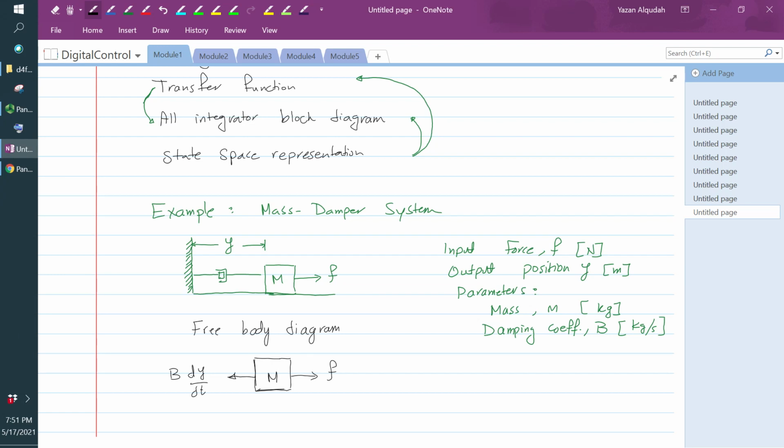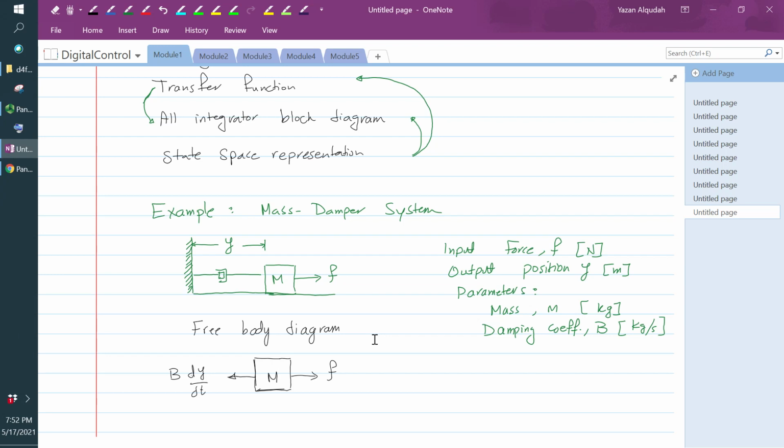Okay, so again, if we look at these forces, we can now apply Newton's second law, which says the summation of the forces applied to this mass is equal to the mass multiplied by the acceleration.